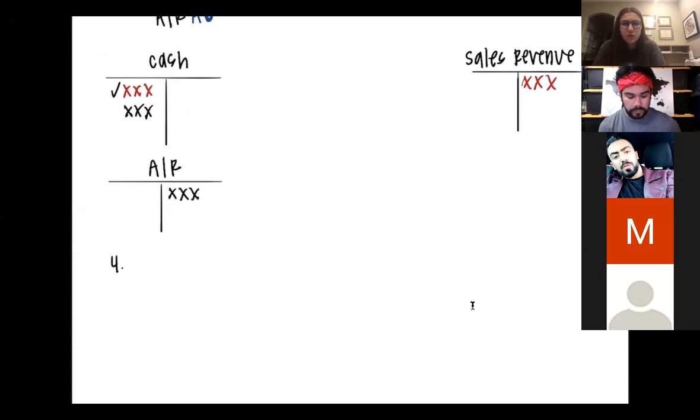They should have increased cash. Well, first, no. First, tell me, what's the journal entry that they did wrong? Oh yeah, they did cash instead of accounts receivable, so they shouldn't have debited cash. Tell me what the journal entry is that I should be writing in red. So debit cash, and sales revenue credit.